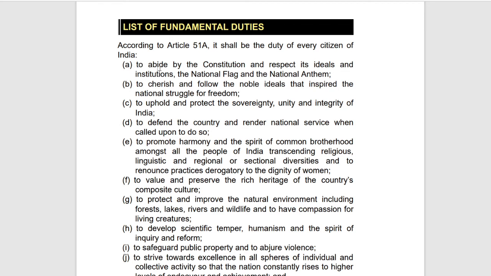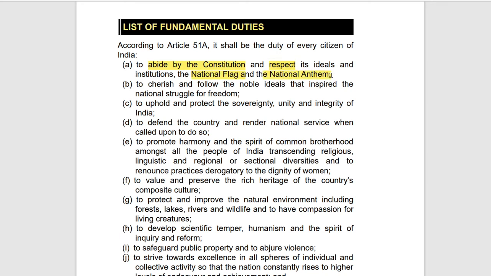So let us read the first part. To abide by the Constitution and respect its ideals and institutions, the national flag, national anthem. So here we can just write, abide by the Constitution. Here just write, take the word respect, and national flag, national anthem. That's it.